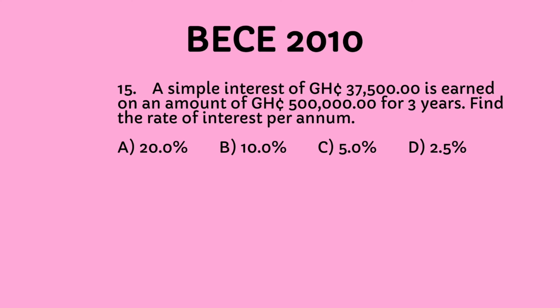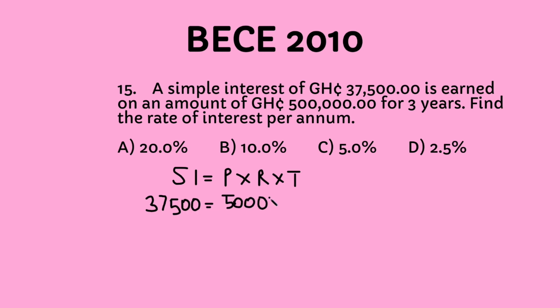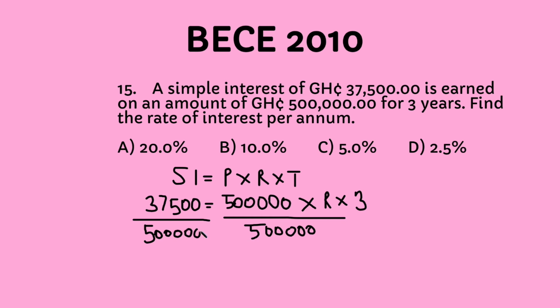Okay, so once we figured that out, what are we doing next? We have 37,500, which is the simple interest, and we'll equate it to 500,000 cedis, the principal, that's the amount that is put in, times the rate, which is unknown, so we'll make rate R, times 3 years, and find the rate of interest per annum.